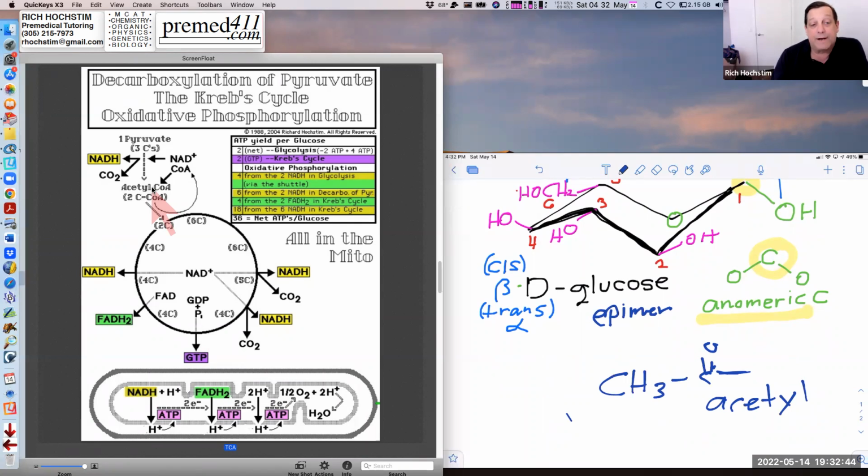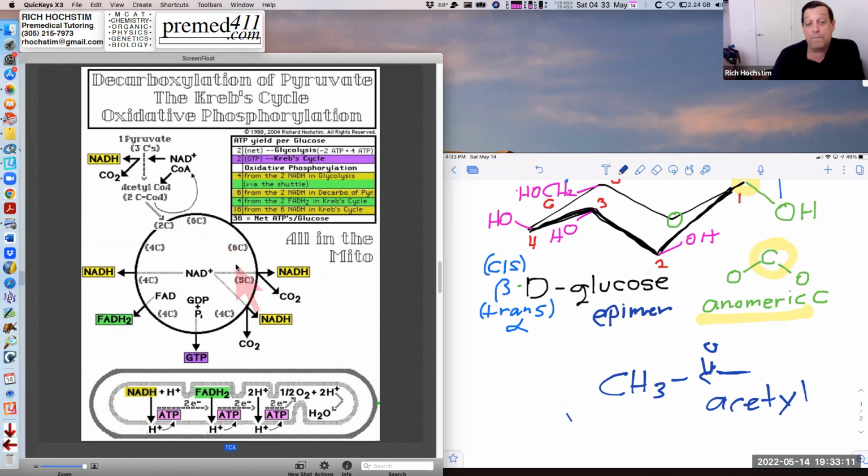And what happens with this is it's going to go into the Kreb cycle, also known as the citric acid cycle. Oxaloacetate is this molecule here. We'll see it. It's probably a good idea to know it. When we add the 2 carbons here, we get citrate, which is the name of the cycle. You don't need all of these, but you need to be familiar with their names, which we'll talk about.